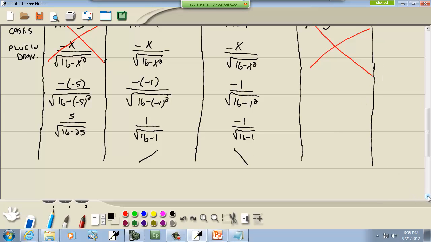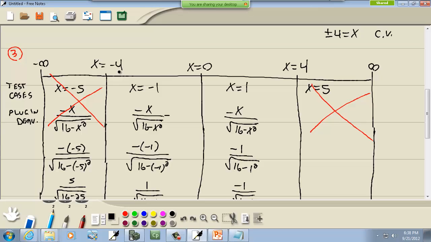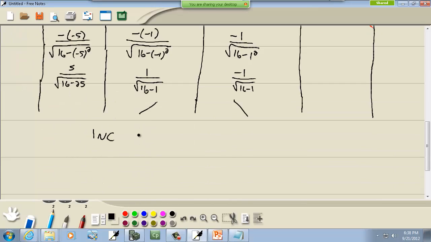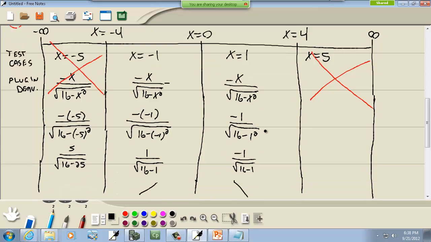Okay, so now we can write our answer down. So this particular one is increasing. Let's see what this interval is. Negative 4 to 0. So increasing from negative 4 to 0, and then it's decreasing from 0, I think that's to 4. Let me double check it. 0 to 4.